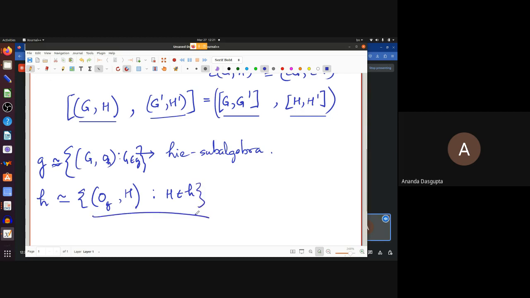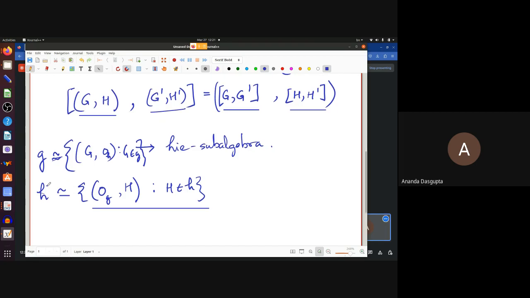So while this is not exactly the same set as the set underlying small h, after all, these are pairs of elements and small h only has individual elements, it's obvious that there is a one-to-one linear as well as bracket preserving relationship between them. So these are obvious subalgebras, right?